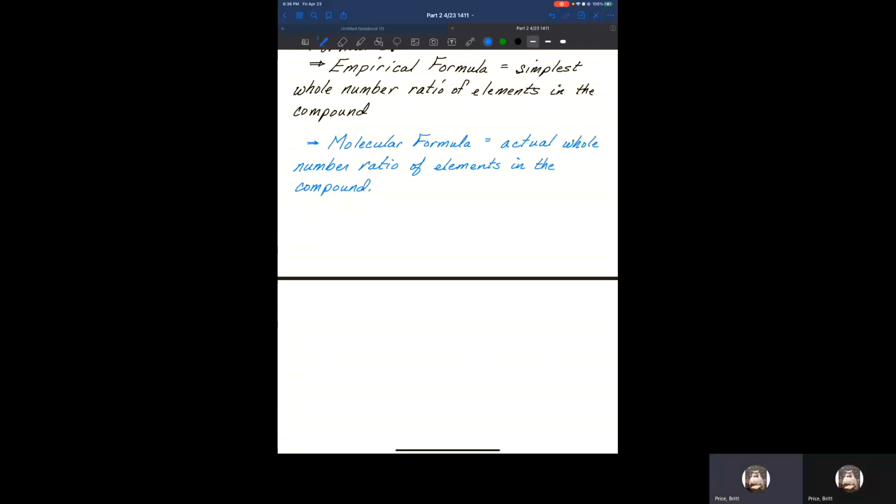The molecular formula is going to be a whole number multiple of the empirical formula.